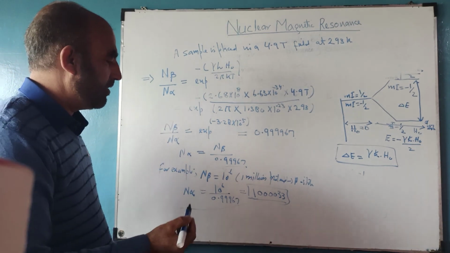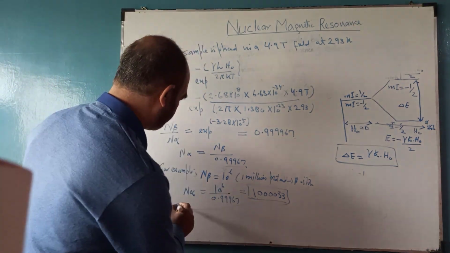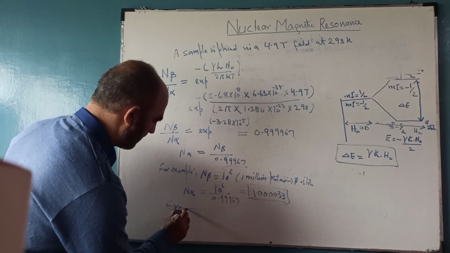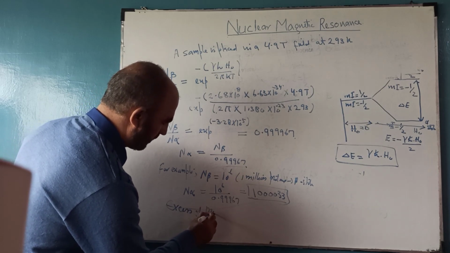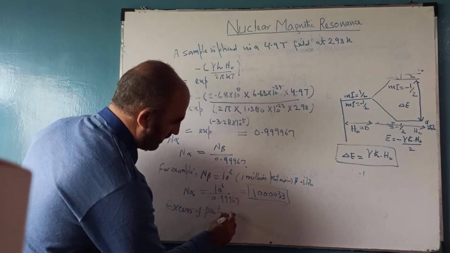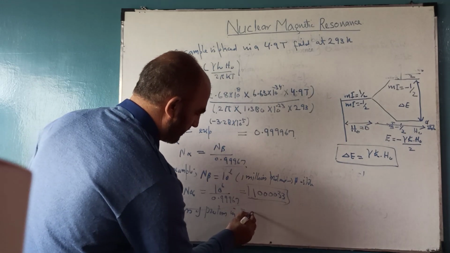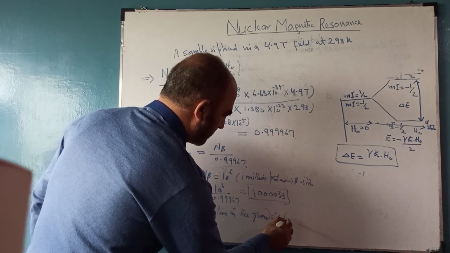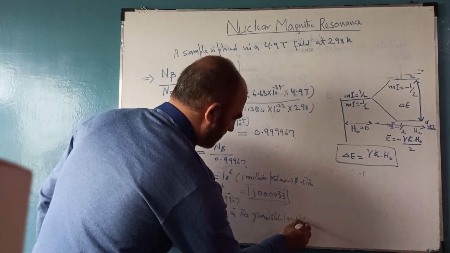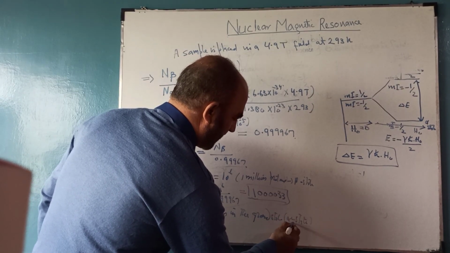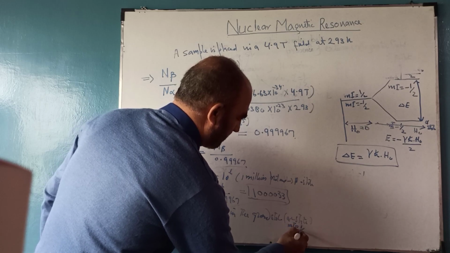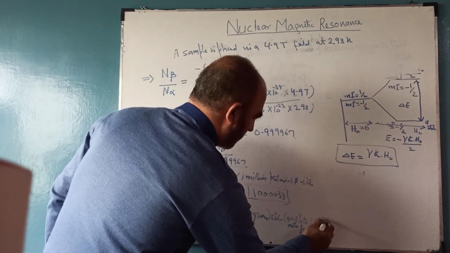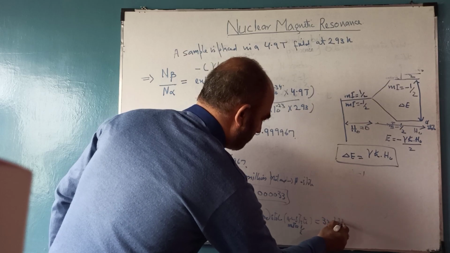That means the overall excess of protons in the ground state, the alpha state, which we designate with m_I value plus 1 by 2, will be only 33 parts per million.